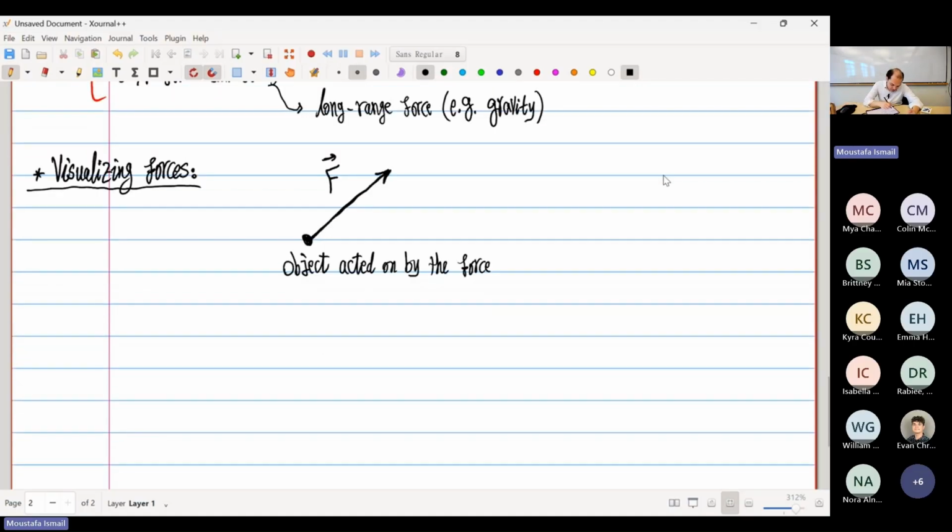So even if this object is, let's say, a car, and this car is being pulled by a rope, and it's pulling the car forward, then this whole car, I can just draw it as a point, and the rope is just a vector, tension T. This would be how I describe this real world situation by an abstract picture.